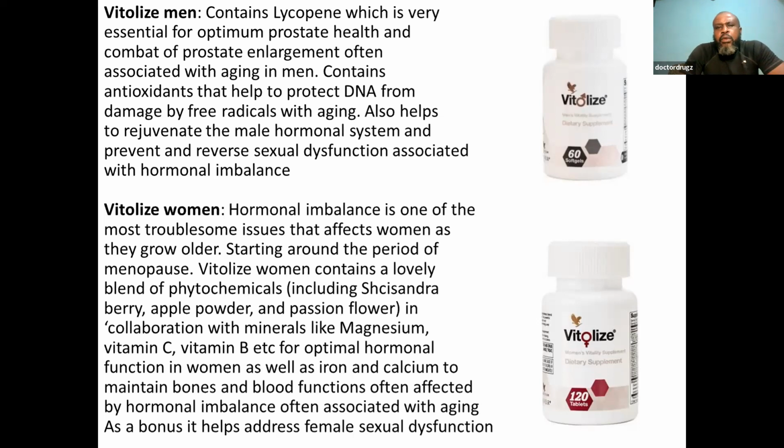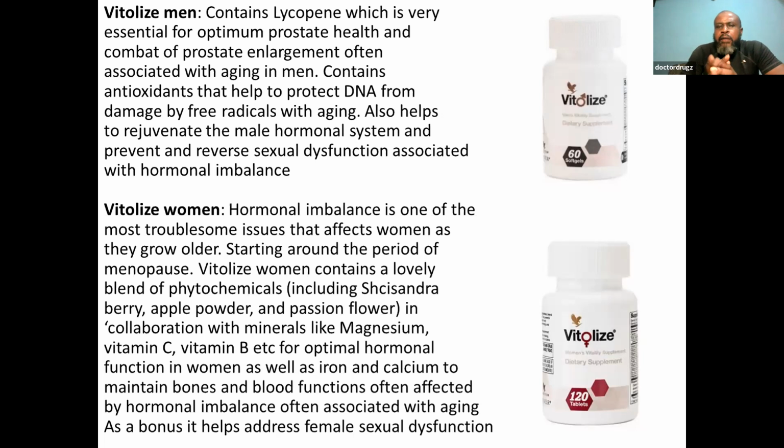So you see, there's something called lycopene in Vitalize Men. It's a very powerful antioxidant, and this also helps to mitigate this unusual rapid enlargement of the prostate that can affect flow of urine that happens often in men. As a bonus, it also helps in male sexual function and helps to guard against sexual dysfunction, which is one of the main reasons why some people actually file for divorce, because they're not getting what they thought they'd be getting at the initial point of marriage from their spouse.